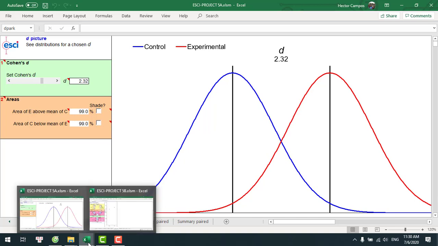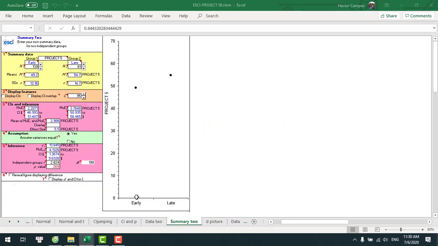So now let's take project 5b. In this case we had two groups again, the early and the late group, but now we had different means. So we had 49.2 and 54.7 here.